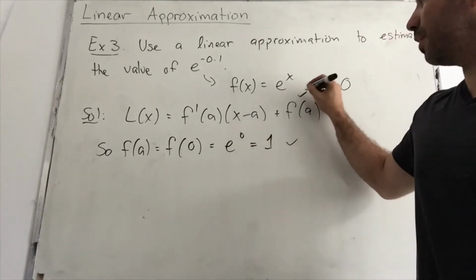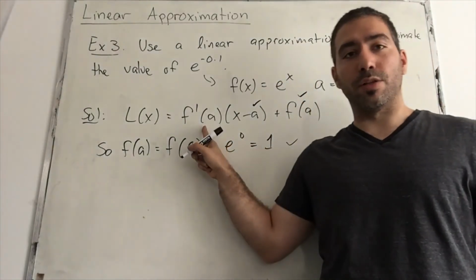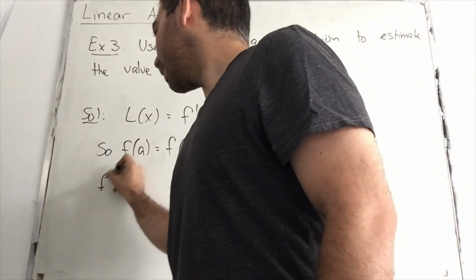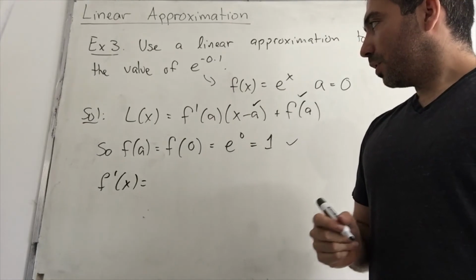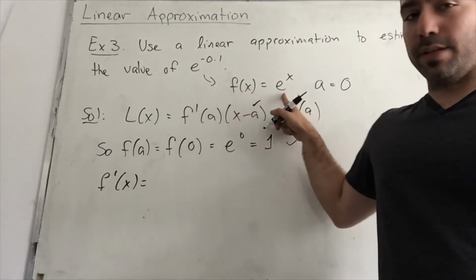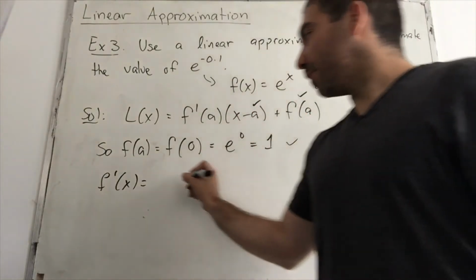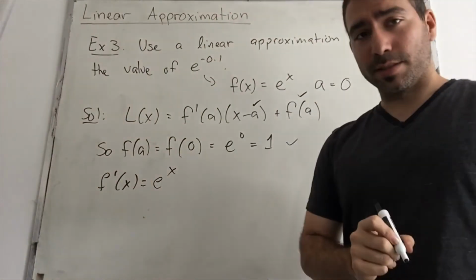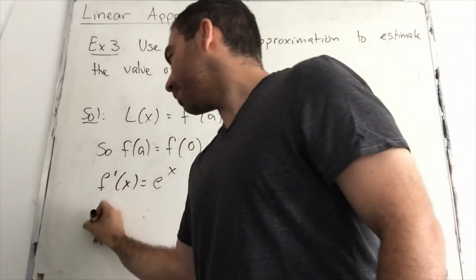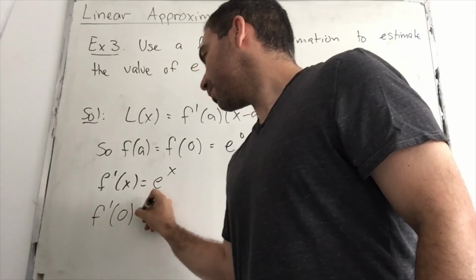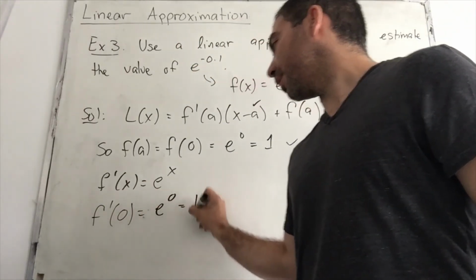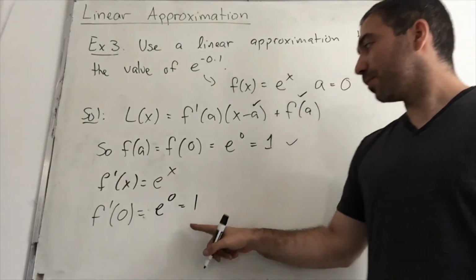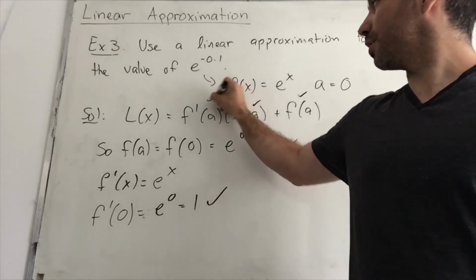So f of a is done, a is done. All we have to do is get the derivative now. So we get f prime of x. The function that we're working with is e to the x, so the derivative of e to the x, we saw this, we like this, it's just simply e to the x. And if we want to evaluate it at 0, that's just e to the 0, which again is 1. So pretty simple.